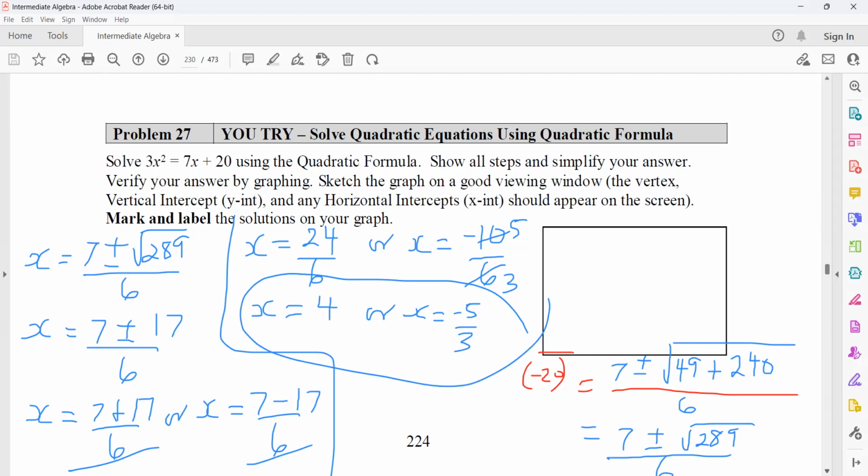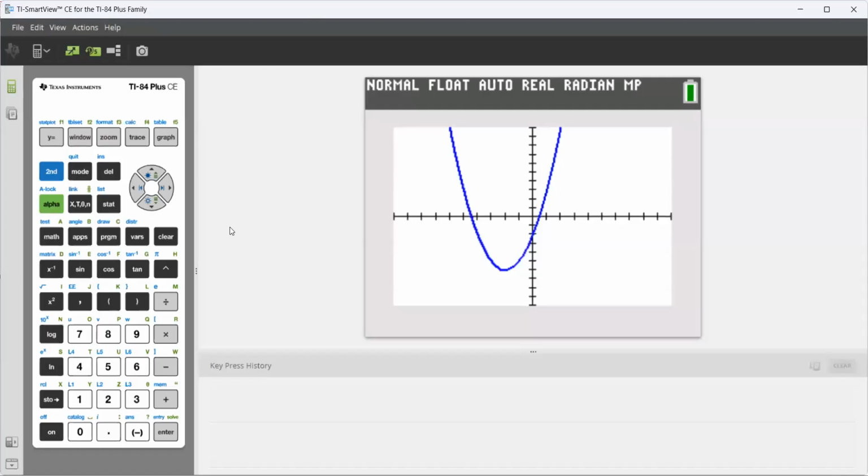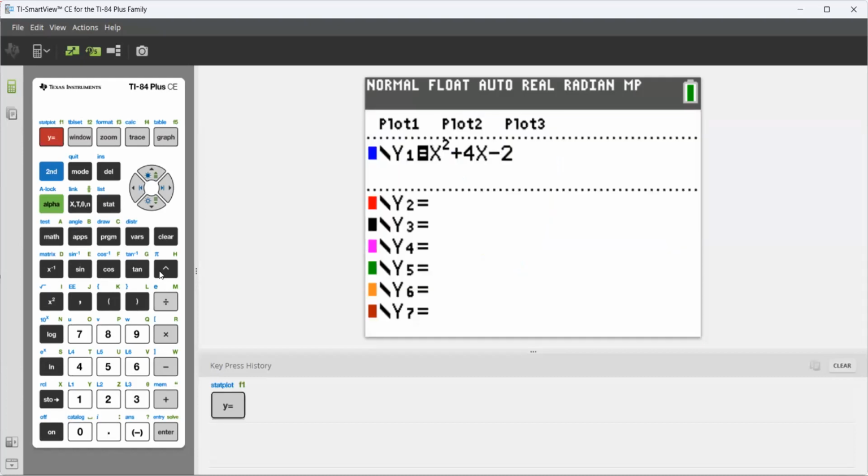Now, it says we should verify our answer by graphing, so I'm going to go to the graphing calculator. So, on the graphing calculator, I've got to put in my values. So, my y is going to be, let me check again.